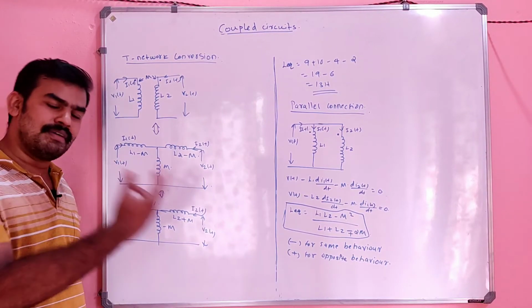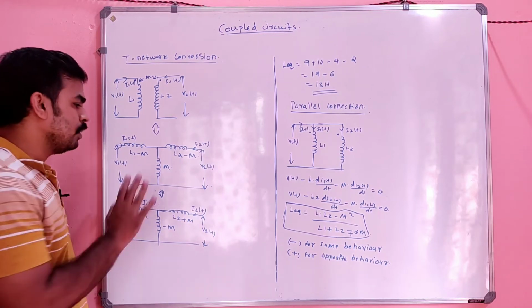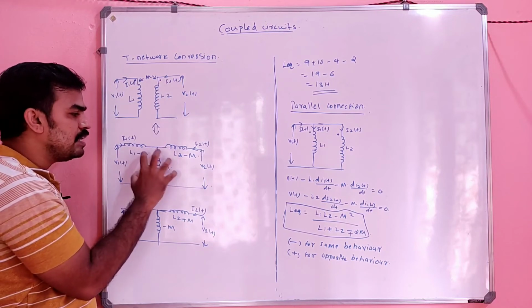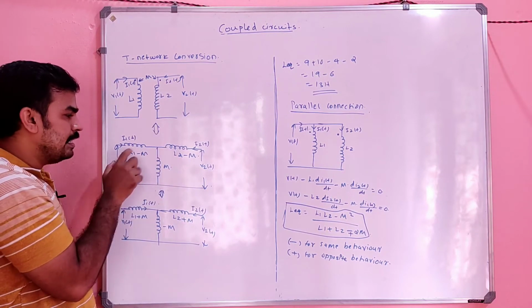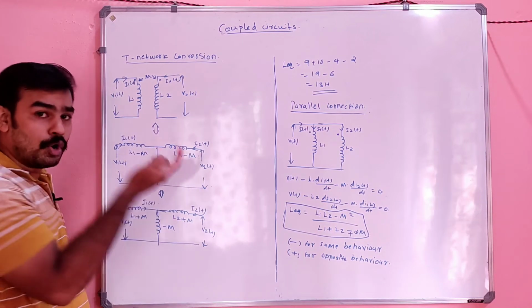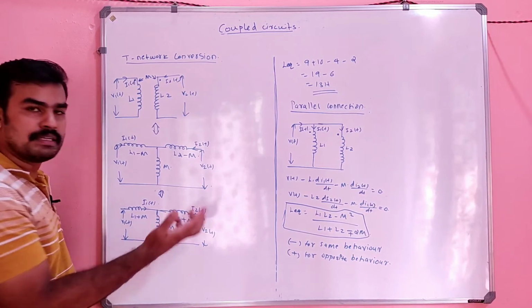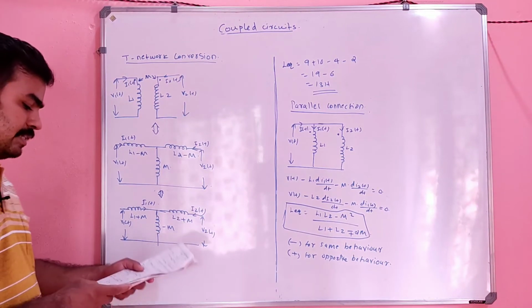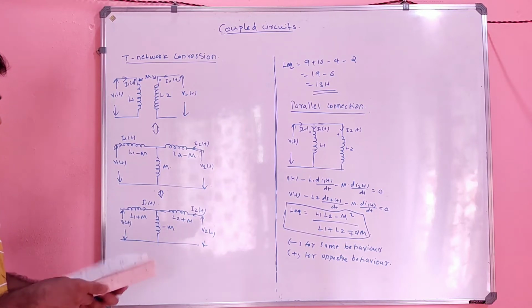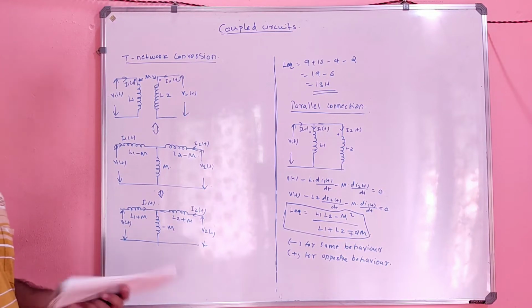How it will be solved, we will discuss in the next 2-3 problems. So the circuit can be converted into the T circuit. The inductance values will be L1 minus M, L2 minus M and M, or in other words L1 plus M, minus M and L2 plus M; these both are the same. We will do the concept with respect to a problem, then it will be very clear.